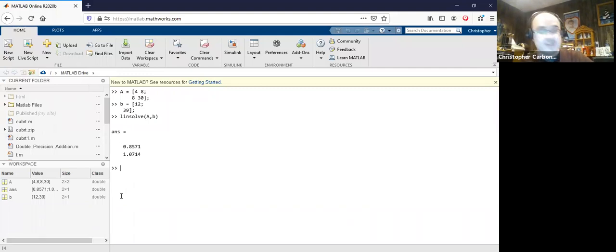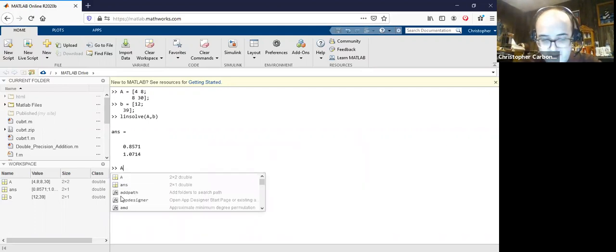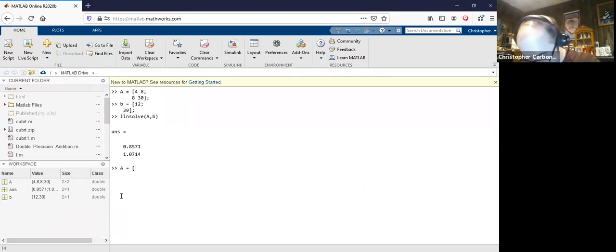But just like before, we do need to put in our matrix A. So let me just make sure I have that. I have it right there. Okay. So the way that we're going to type this in, since we have a much bigger matrix this time, I'm going to call the matrix A to be 4, 8, 30, 134.